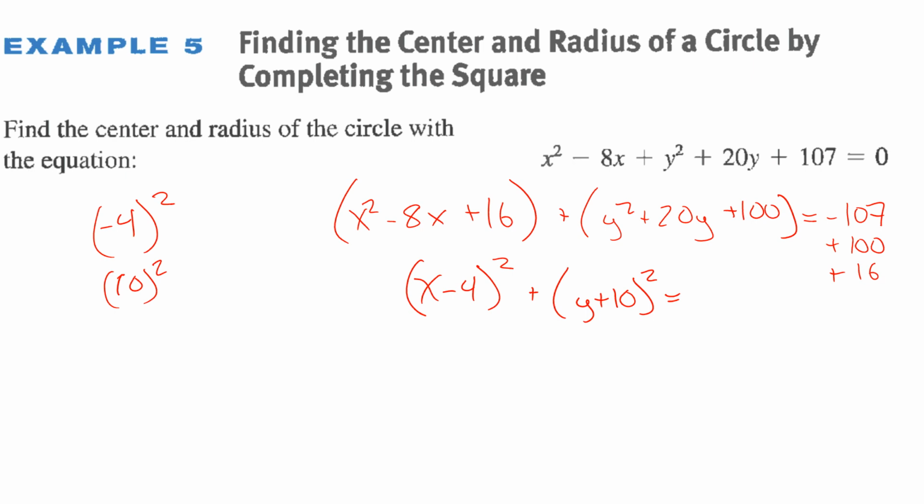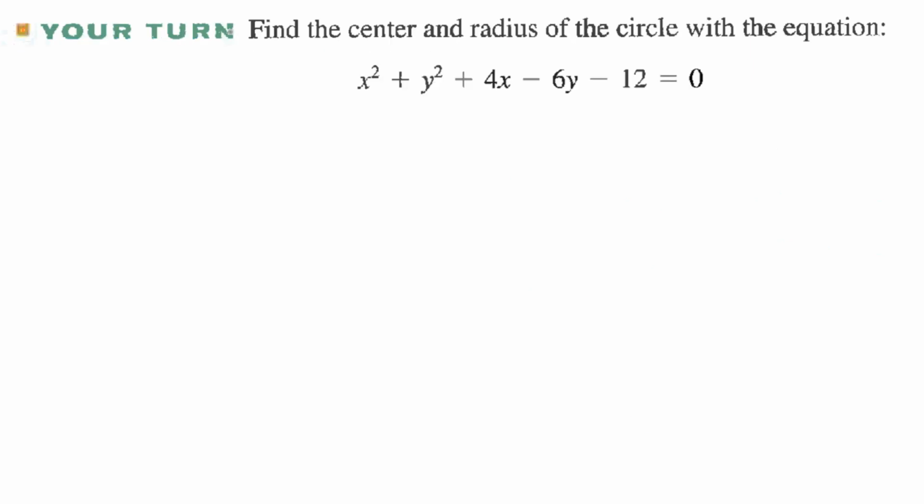And then you add 16. 16 minus 7 is 9. There you go. All right, so the center would be at 4, negative 10 from that and that. And the radius is the square root of 9, which is 3. Your turn.